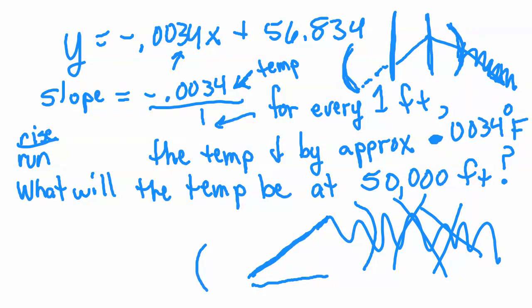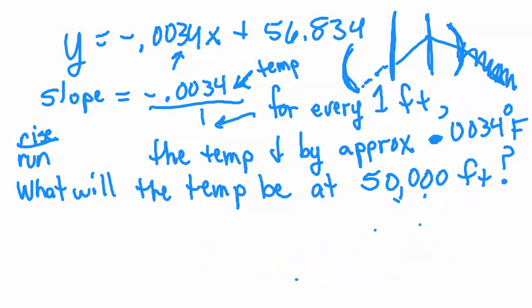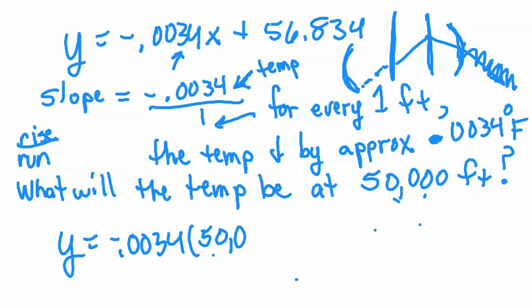But all you have to do would be to plug 50,000 into the regression line. So to do that, we would say y equals negative 0.0034 times 50,000 plus 56.834. Let me get my calculator.